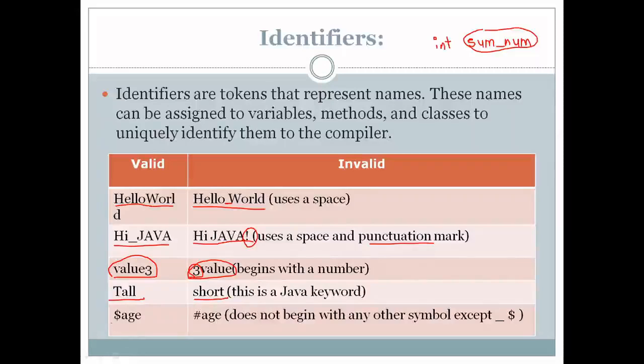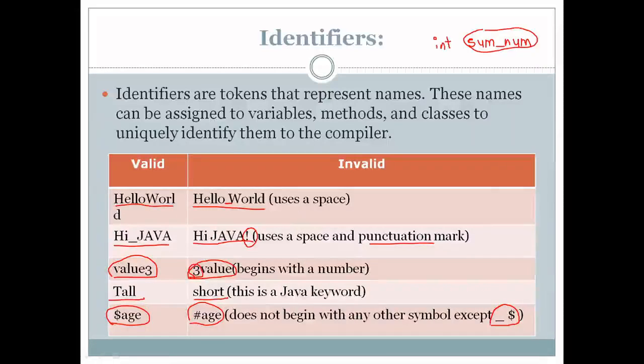Okay, then we have one more example, $age. This is a valid identifier, remember, dollar is allowed and it can be the first character also in the identifier. Whereas #age is not allowed. So the reason is, it does not begin with any other symbol except underscore and dollar.